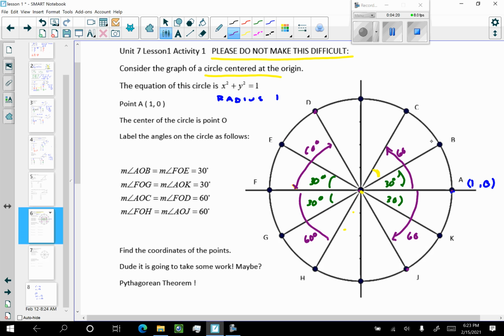The other thing I'm going to note here that will come into play down the road is this point right here on this coordinate. That point right there is going to be 0, 1. If this circle is indeed radius 1, then this point right here is going to be 0, 1. I'm going to go ahead and label these points. This point F is going to be negative 1, 0.